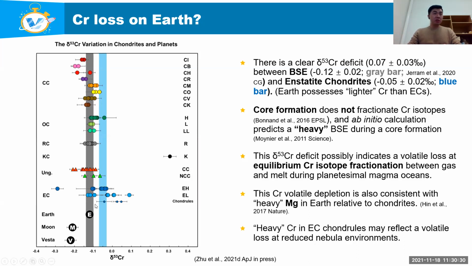And we should also see that there are three small circles, and they are the chromium stable isotope compositions for enstatite chondrules. They are also heavier than the enstatite chondrites, so they may reflect a volatile loss in reduced nebula environments.